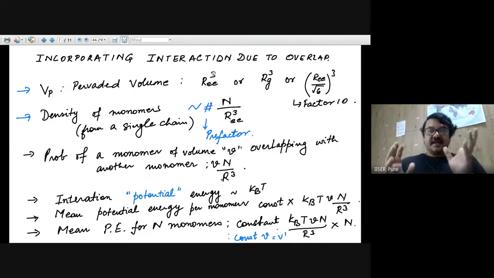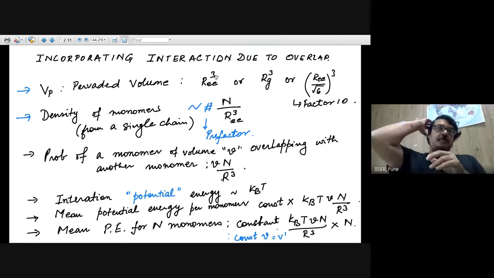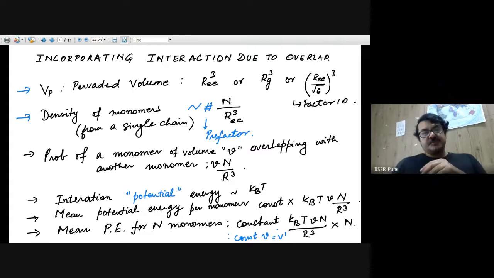So that's our end-to-end distance. REE is, if you remember, the statistically averaged end-to-end distance square, and if you take the square root you will get REE, and if you take the cube, 4 pi by 3 r cube, that gives you an estimate of the pervaded volume.